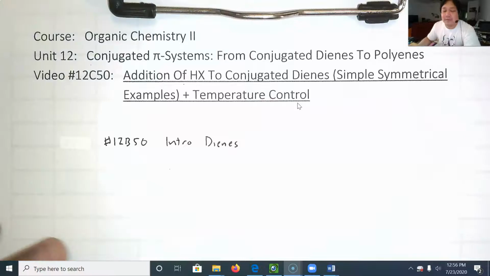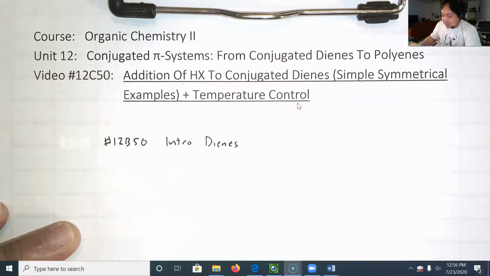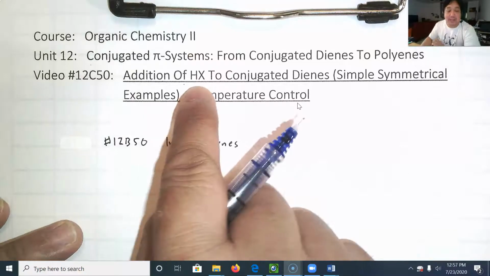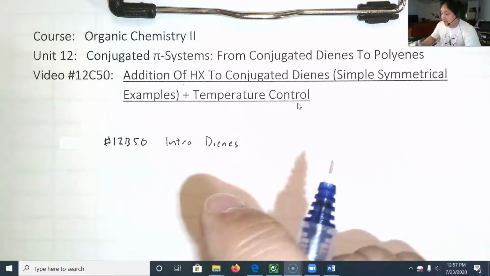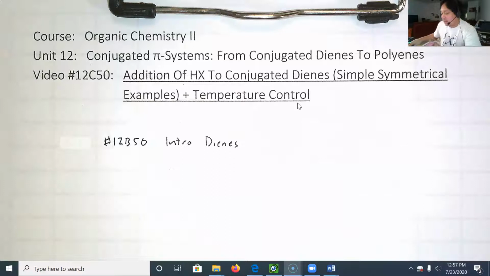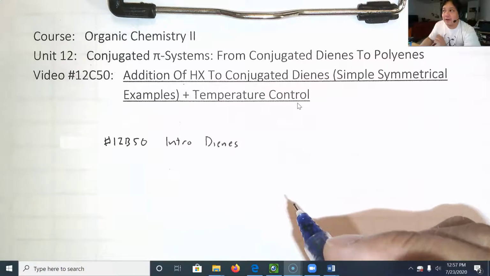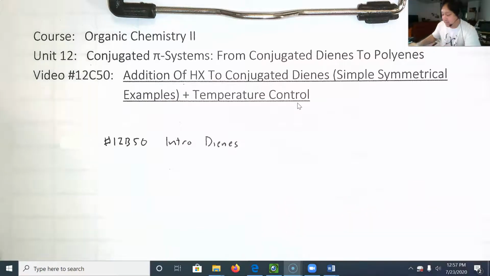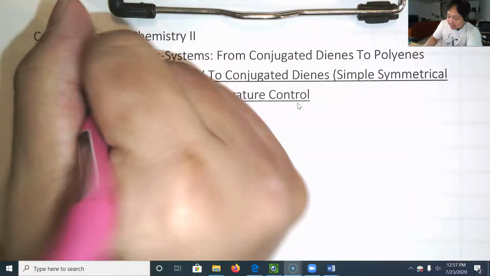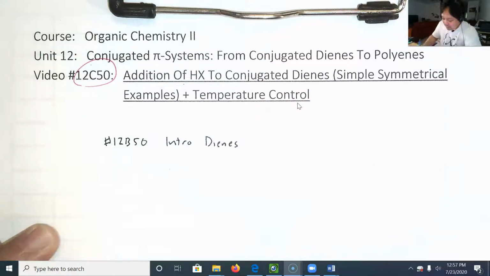So the reaction that I alluded to actually was the addition of HX, like HBr or HCl. But before we do that, I just want to go over briefly a little bit about allylic carbocations, because we're going to see allylic carbocations when we do this reaction.